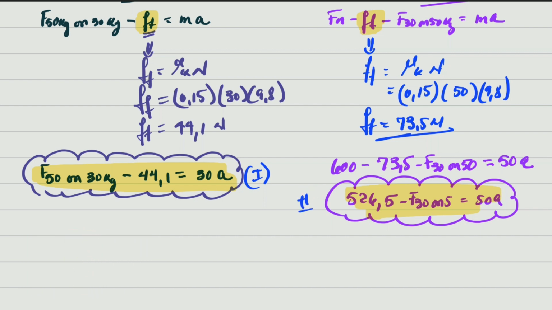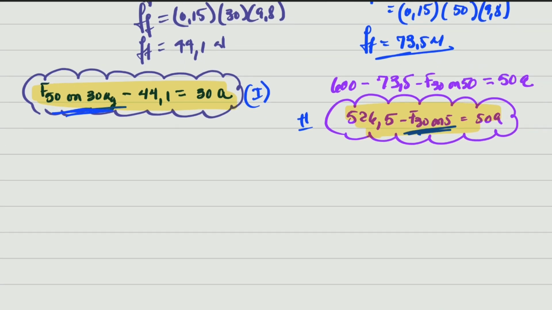Now, this is important. This is Newton's third law. This is the same as this. So we are going to equate and work simultaneously with these two equations. I personally like to add the two equations, but you may use substitution if you will. So I'm going to add the two equations.